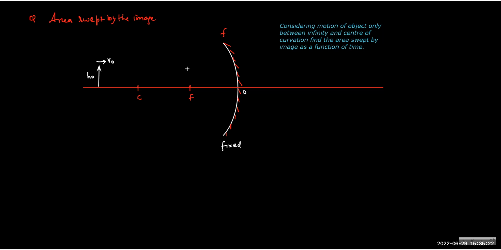I think the image will be somewhere here, right? And the image will shift towards C. As you move towards C, it will shift towards C. And the tip will also go away. So the tip path, I cannot understand exactly how it is. I need to mention the initial position somewhere to begin with.